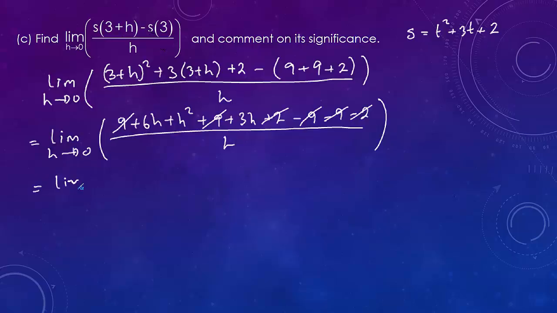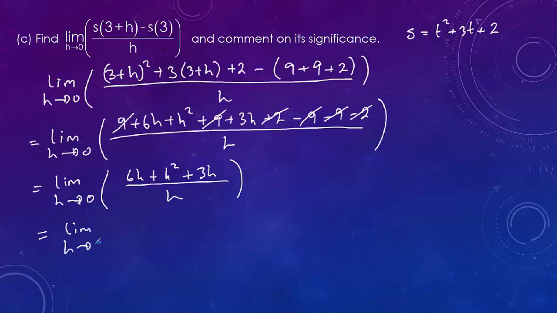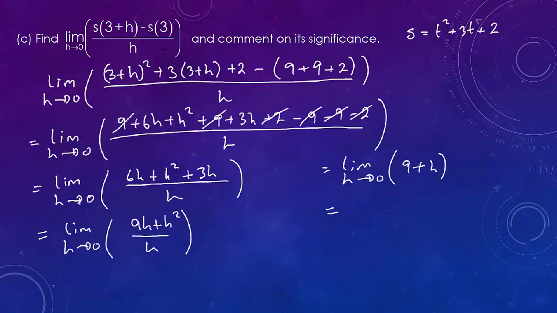So that's the limit as h tends to 0 of 6h plus h squared plus 3h, all divided by h, which is the limit as h tends to 0 of 9h plus h squared over h, which is the limit as h tends to 0 of 9 plus h. And of course that's going to be equal to 9.